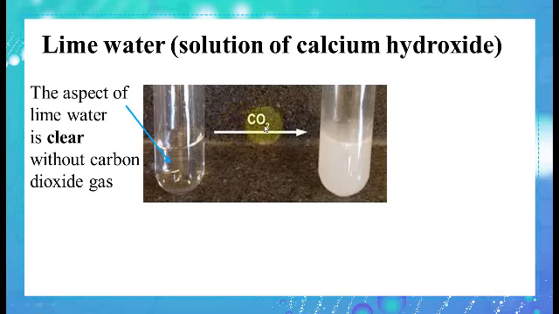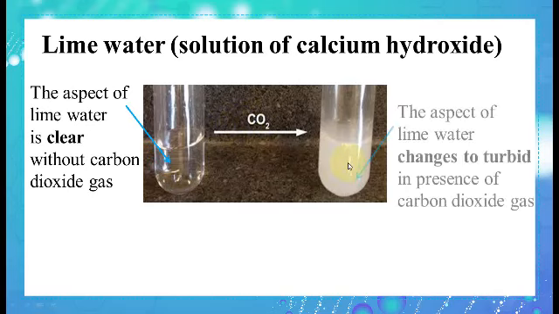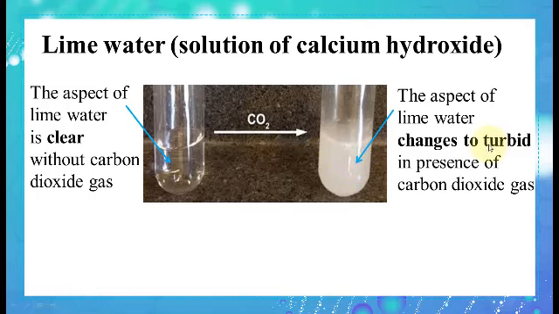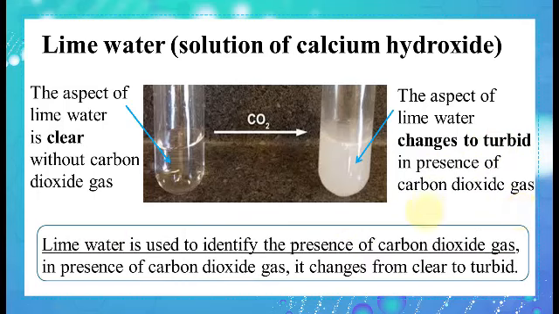What happens after adding carbon dioxide gas? Its aspect changes to turbid in presence of carbon dioxide gas. So, what is the role of lime water? The lime water is used to identify the presence of carbon dioxide gas. As the experiment shows, in the presence of carbon dioxide gas, it changes to turbid.